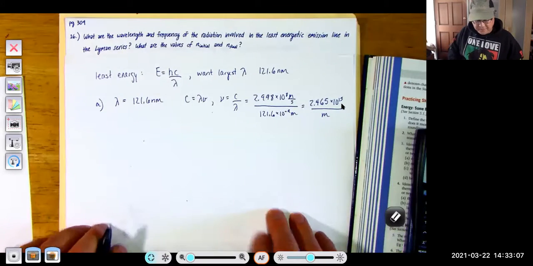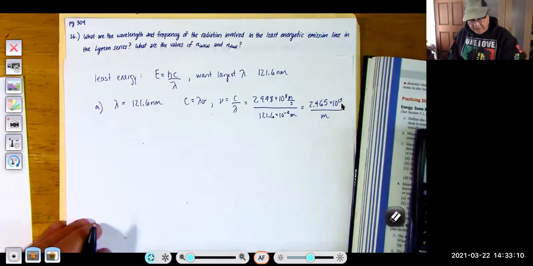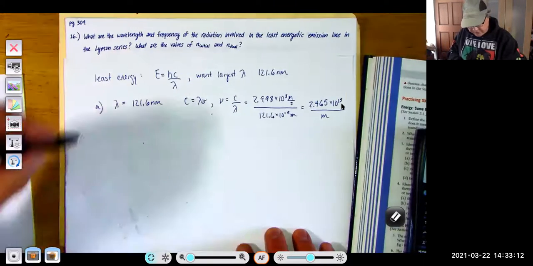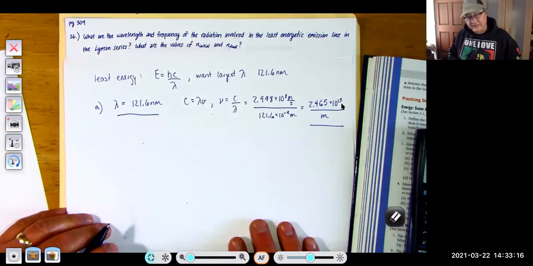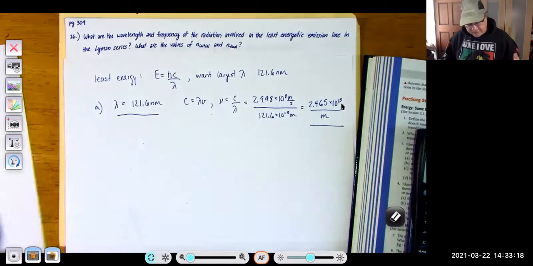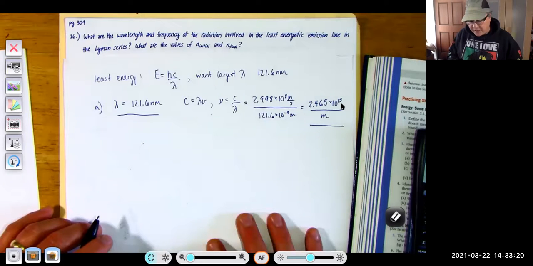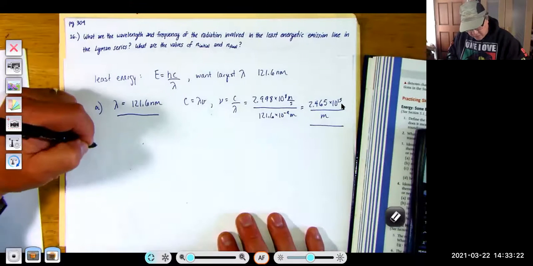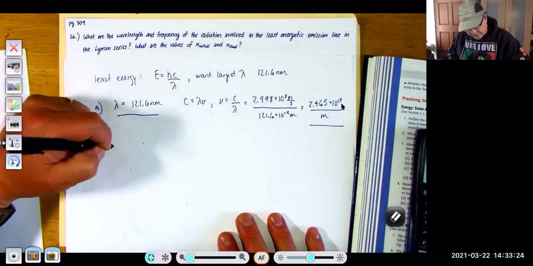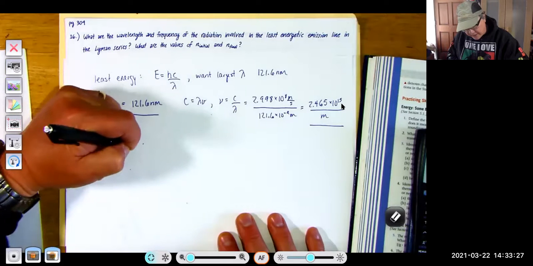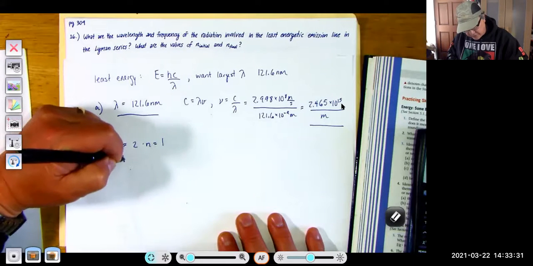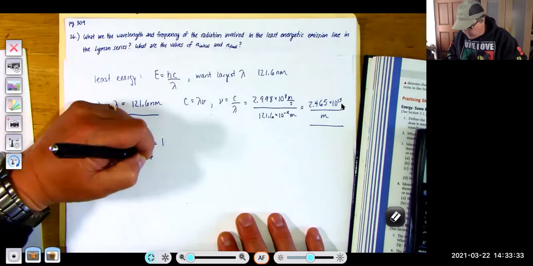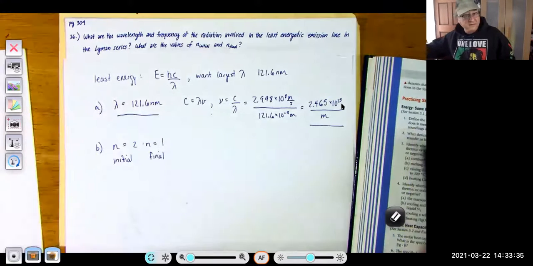So that is the wavelength and frequency. Here's the wavelength and here's the frequency for the least energetic emission line in the Lyman series. And what are the initial and final values? They're n equal 2 and n equal 1, where 2 is the initial and 1 is the final. And you can see that in the figure in the book.